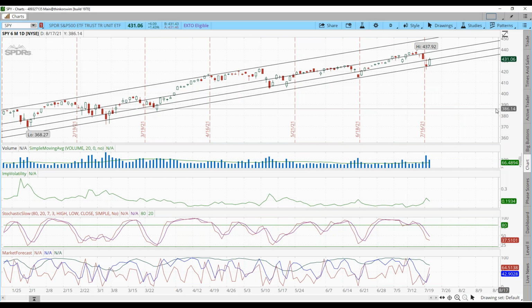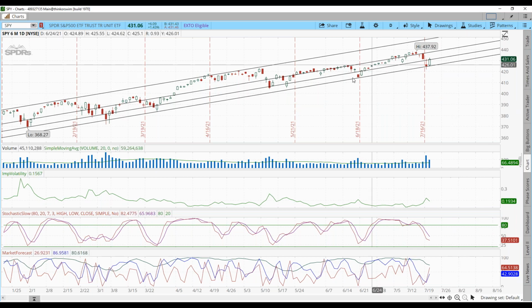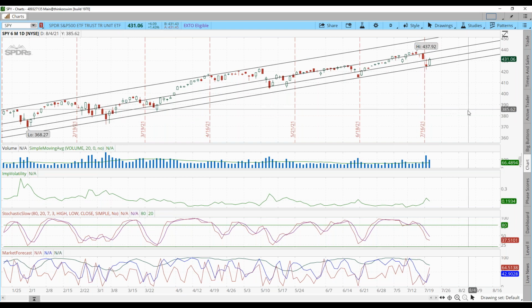Then there's variations of triangles that tend to be a little smaller. You'll hear about things like wedges, pennants, and flags. So triangles tend to last a little bit longer, whereas wedges, pennants, and flags are these smaller consolidations.